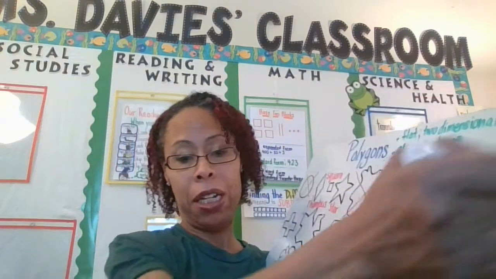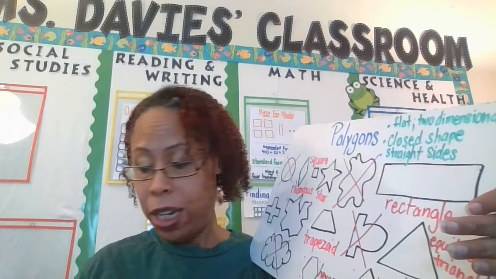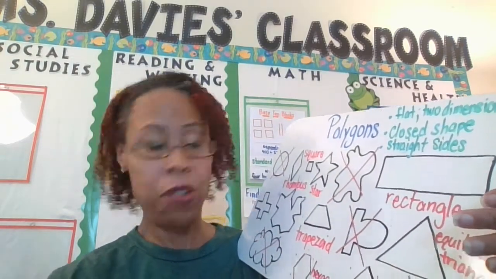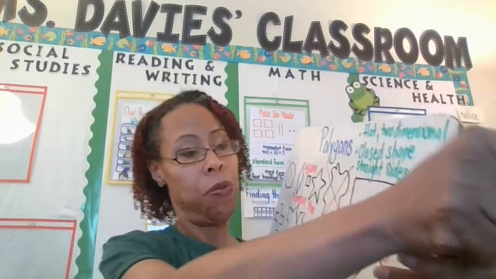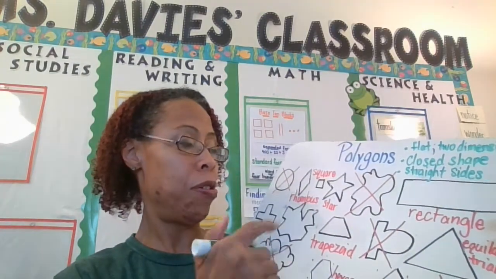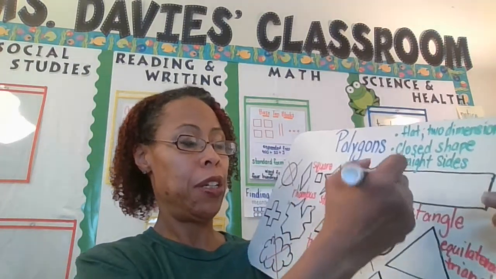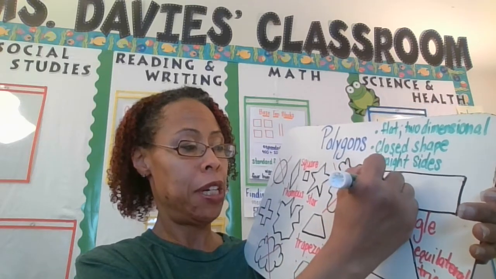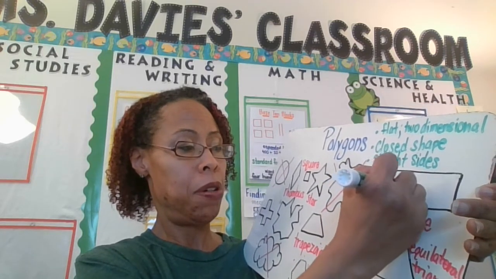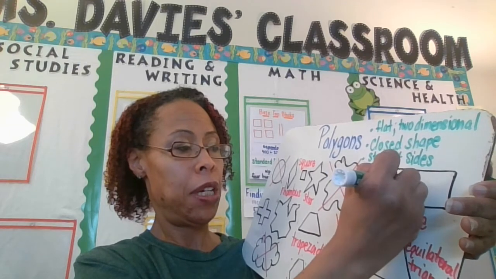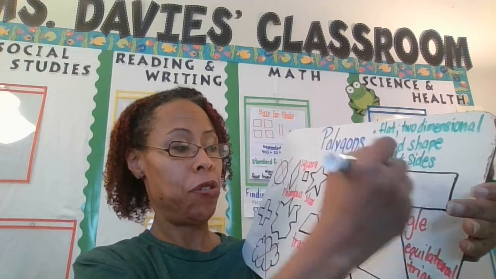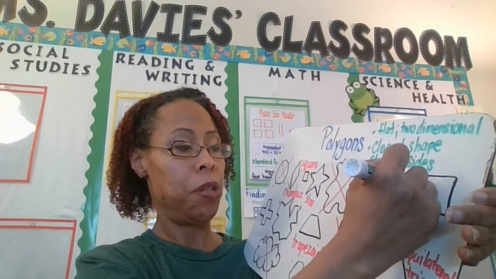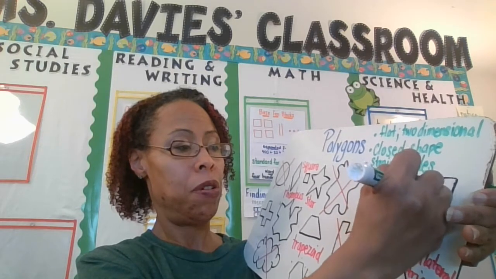So let's come back and look a little bit further at some items. We shared earlier on the last video that any flat, two-dimensional, four-sided, closed shape is a quadrilateral.